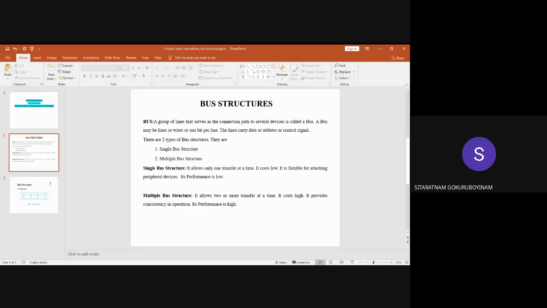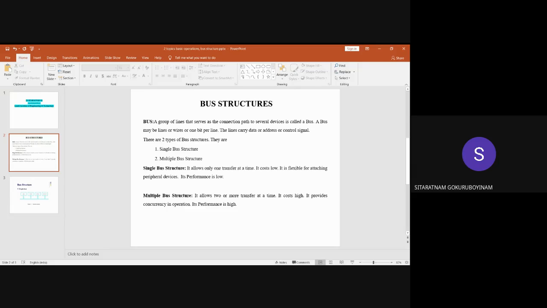To achieve a reasonable speed of operation, a computer must be organized so that all its units can handle one full word of data at a given time.